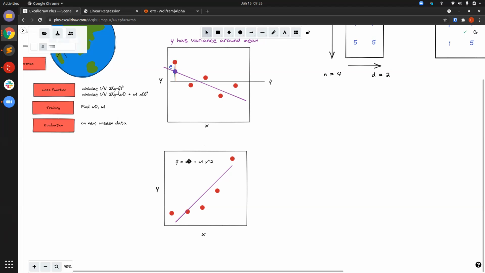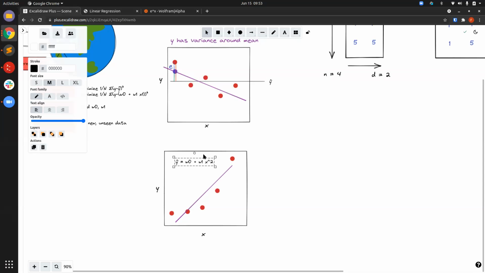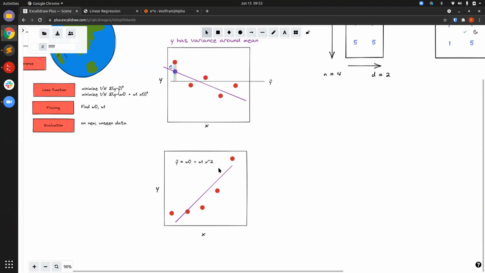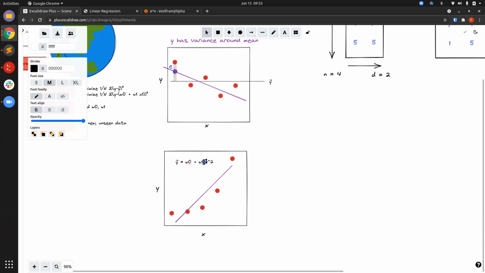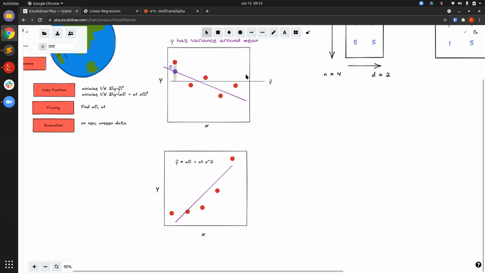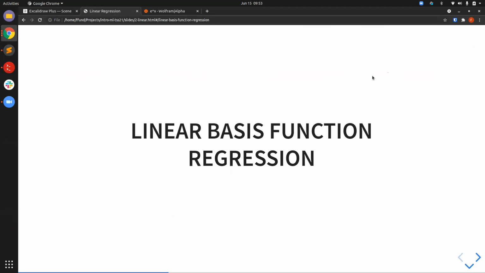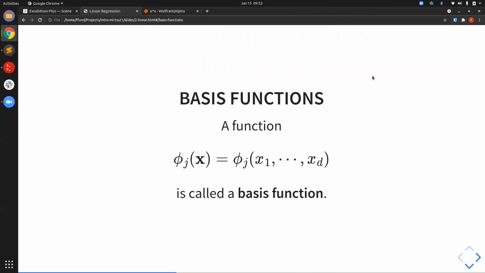By linear combinations, I mean our model is still going to look like a weight times a value plus a weight times a value plus a weight times a value. So it's still linear combinations. But the values that we'll use to multiply the weight will be fixed, meaning I know them in advance, fixed nonlinear functions. Now we're going to call these basis functions.